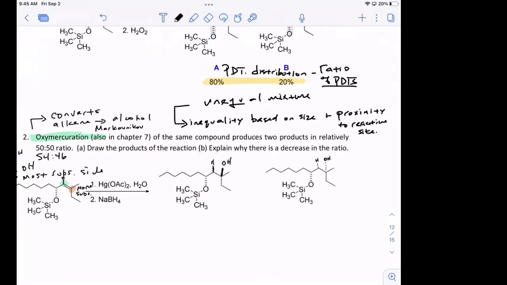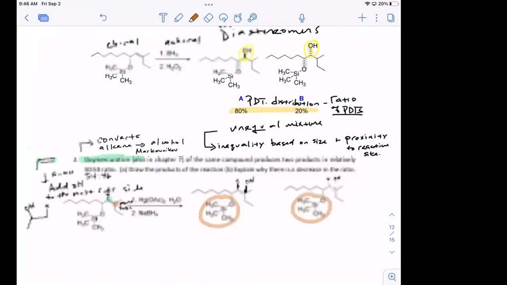These are the two products, one with the OH on the opposite side of the pre-existing chiral center, which is right here, and then one with the OH on the same side. But the ratio is 54 to 46, so there's no real bias between them. So that stereocenter doesn't have as much influence on the reaction as it did in the first reaction. So what's the difference in the two products?